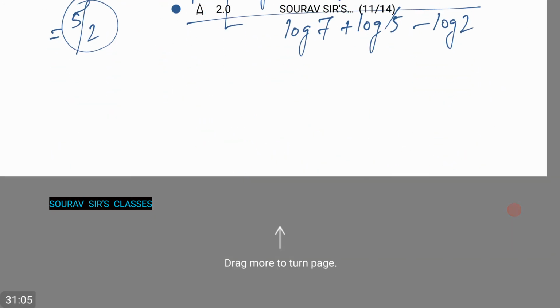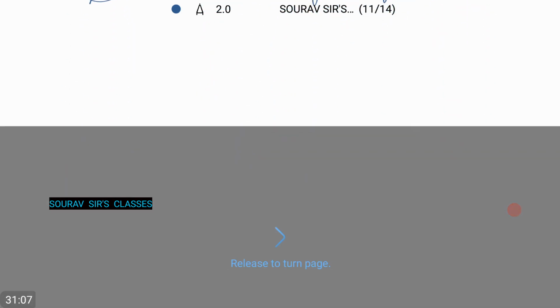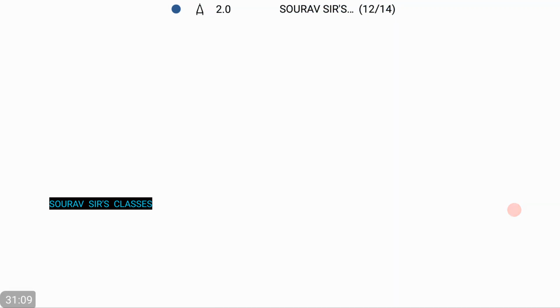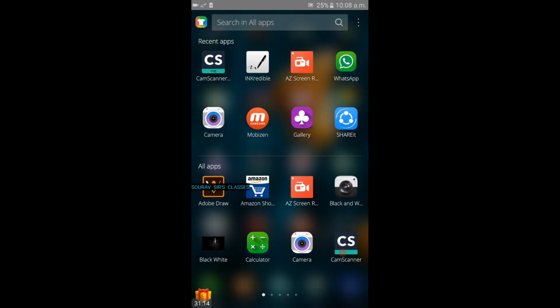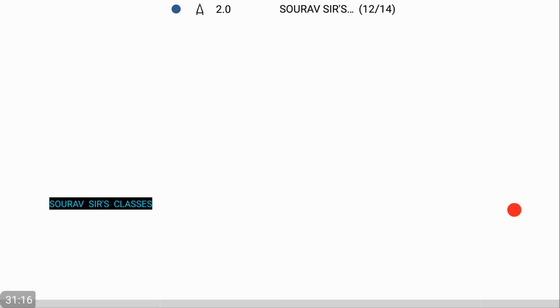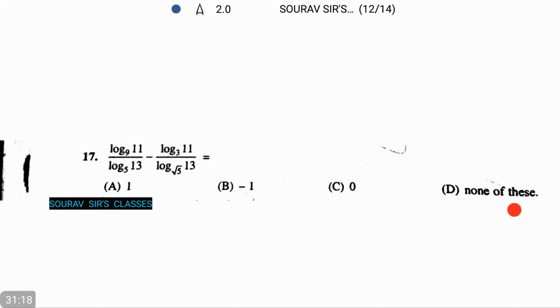Moving on to the next one. Right, now scrolling up, this should be pretty simple. We have log 11 to the base 9, log 13 to the base 5 minus log 11 to the base 3, and log 13 to the base root 5.